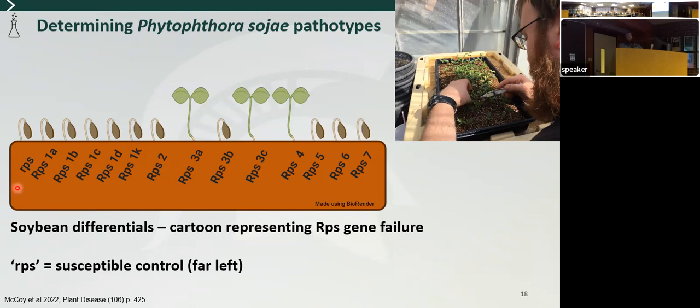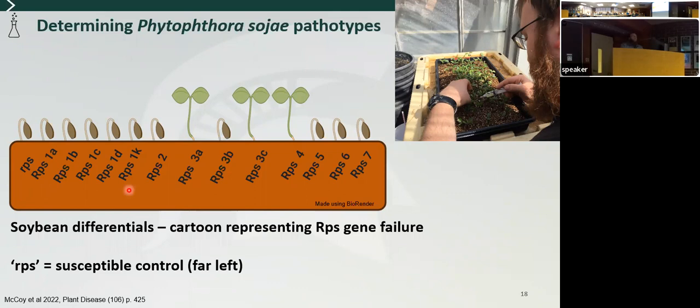And here you can see a cartoon representation of the results after we do these inoculations, after we allow those plants and oomycetes to incubate together and for infection to progress. We come back and we have a susceptible variety with no RPS gene. This should always be dead. And then we've seen varying reactions depending on the RPS gene used, if it was efficacious or not. If it was not efficacious, the majority of times the plant would be dead.